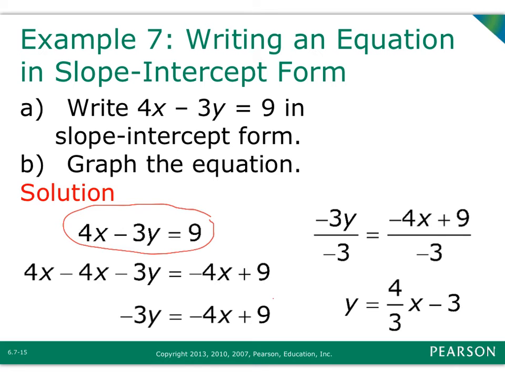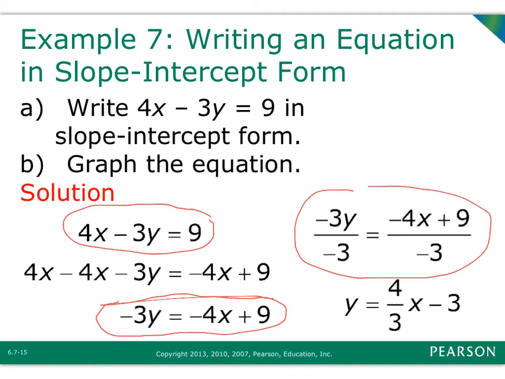And we get, obviously, this next equation, negative 3y is equal to negative 4x plus 3. Now we will divide both sides of the equation by negative 3.